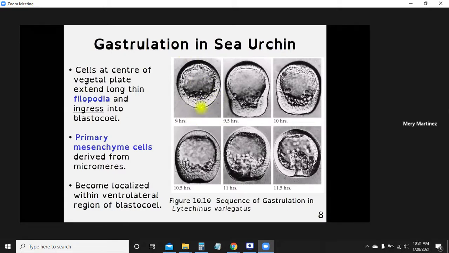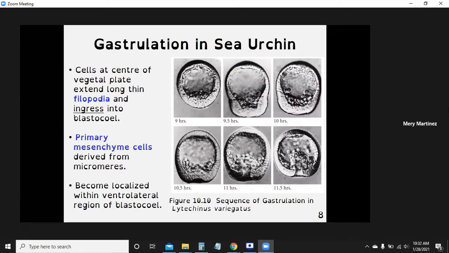So that's only 9 hours after fertilization, okay? The blastomeres are from different regions of the zygote and have different sizes and properties. And we see that here, right? We have some that are a little bigger or smaller, depending on the position that they have.